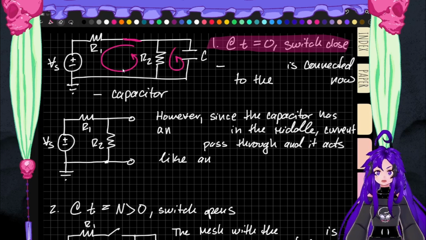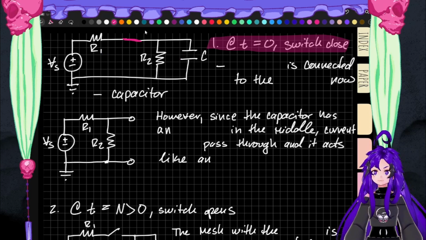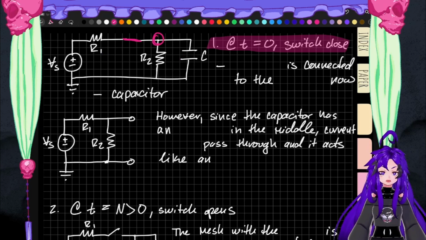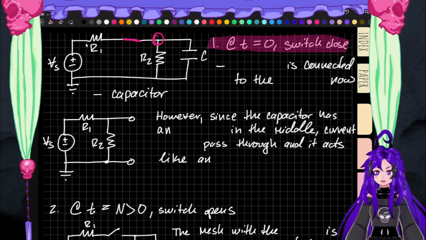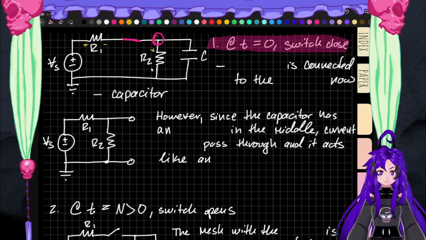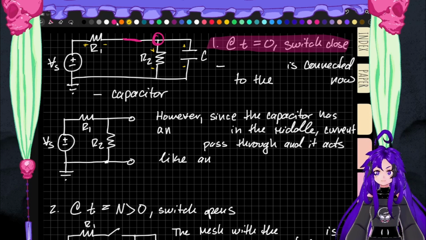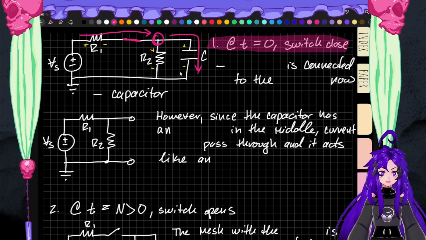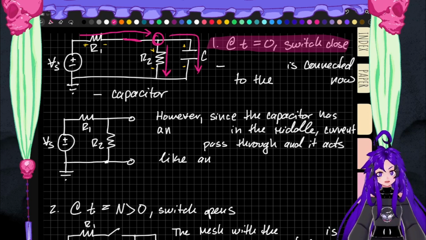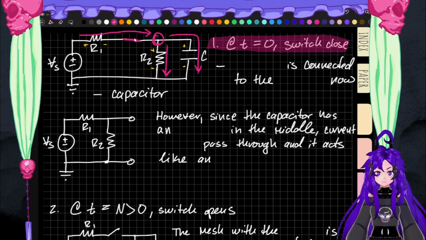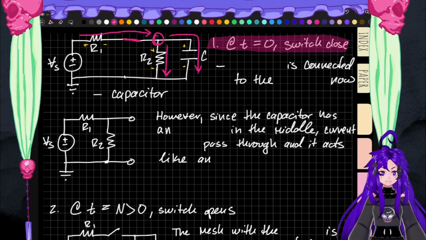We know that because, let's use this node here to explore that. If this is plus minus, plus minus, same thing, then we've got a current going this way, current going this way, and a current going this way, because we have a closed circuit. We have a full, fair circuit.